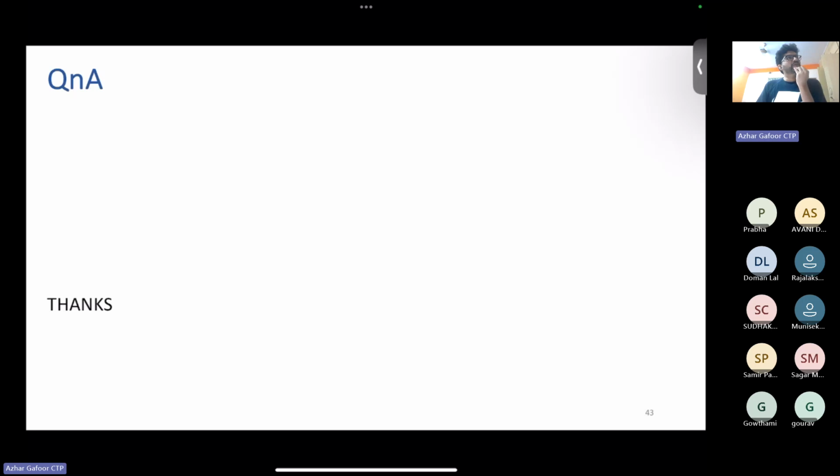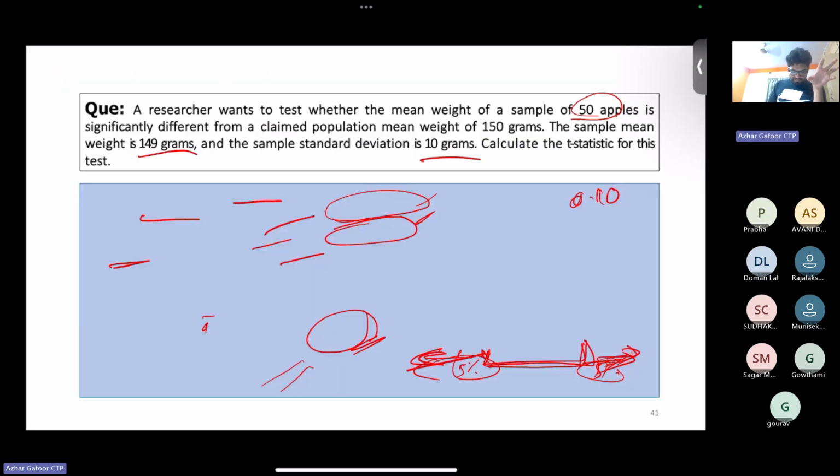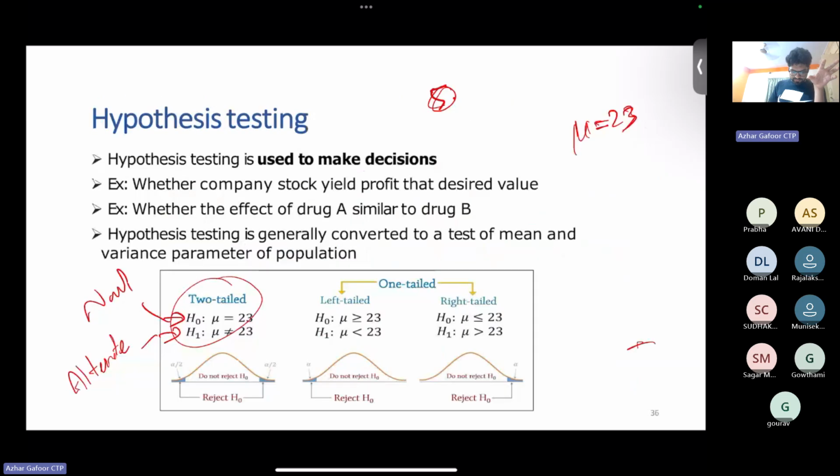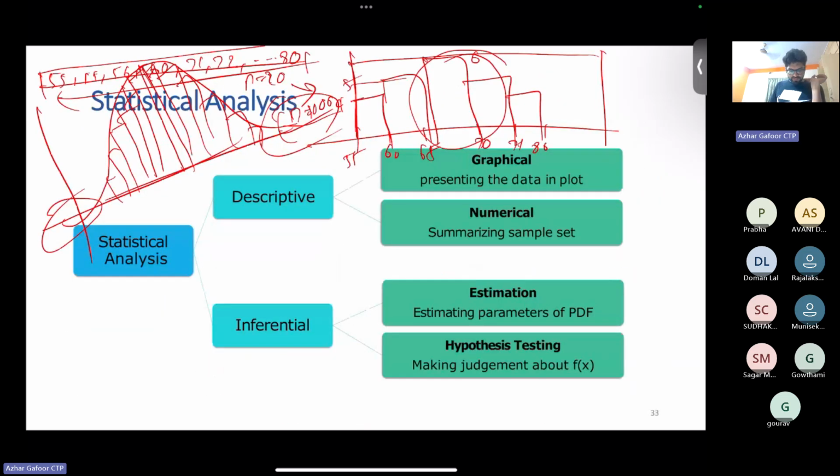Don't mix the probability part with the terminologies we use in statistics. Population is the entire population that we have, and the sample is a finite number drawn from it.